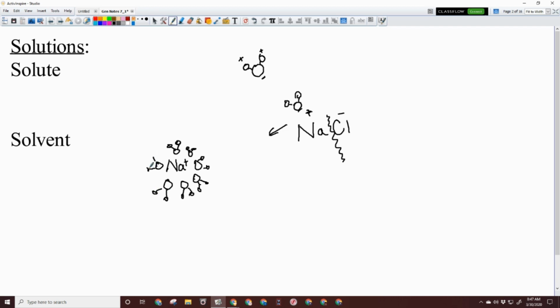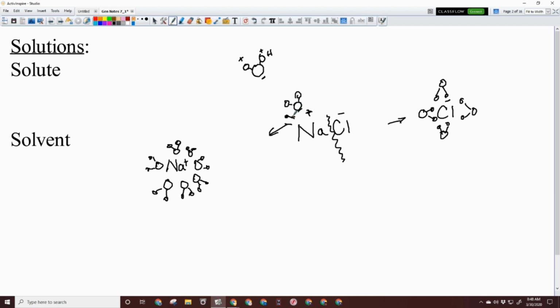And vice versa with the chlorine, which is negative, now the water molecules will orient themselves, turn so that the positive end, the hydrogen end of the water, is facing the chlorine ion. Like this.